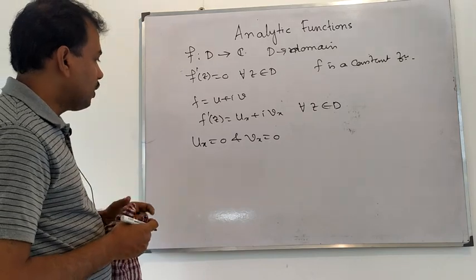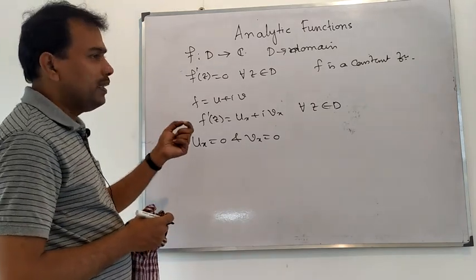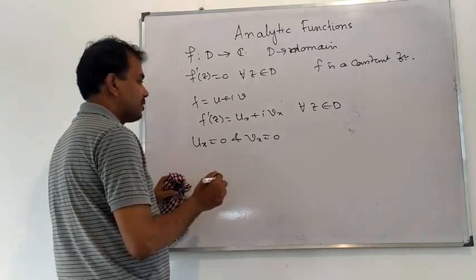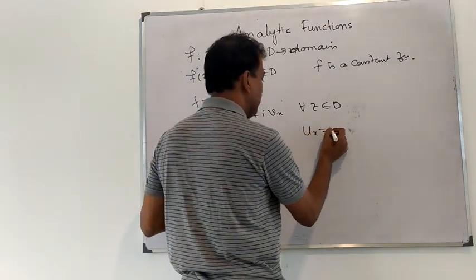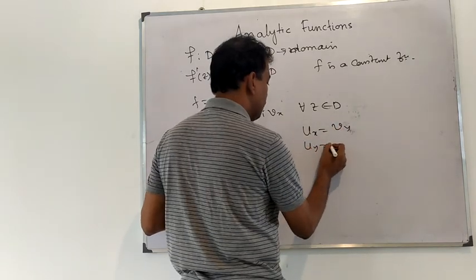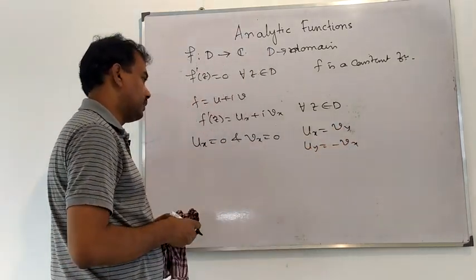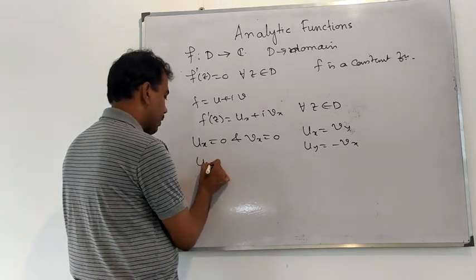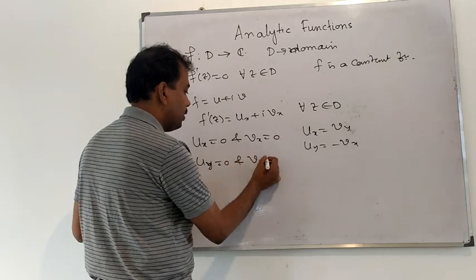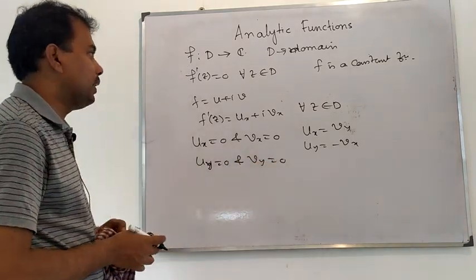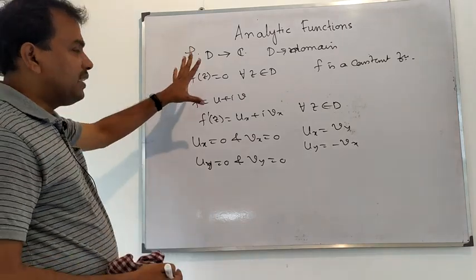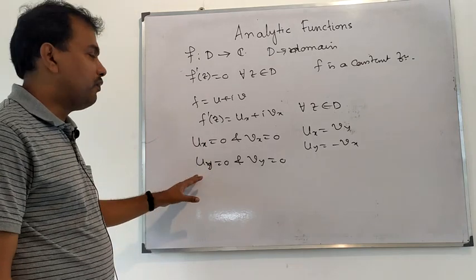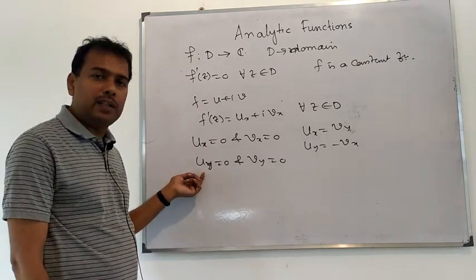Since f is analytic on D, u, v satisfy the CR equations at each point on D. So u_x equal to v_y and u_y equal to minus v_x for all (x, y) belonging to D. So u_y equal to 0 and v_y equal to 0 for all (x, y) belonging to D. Since the domain is connected, u_x equal to 0 and u_y equal to 0 implies u is free from x as well as y.